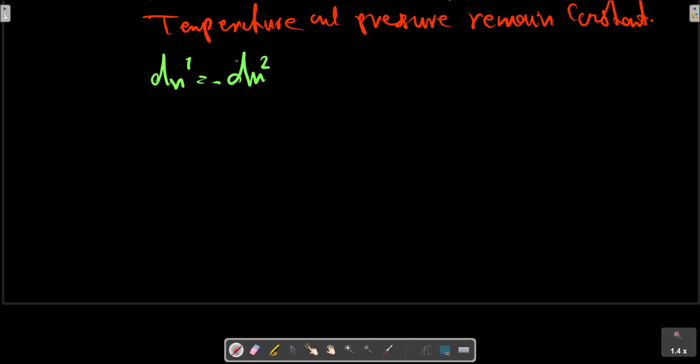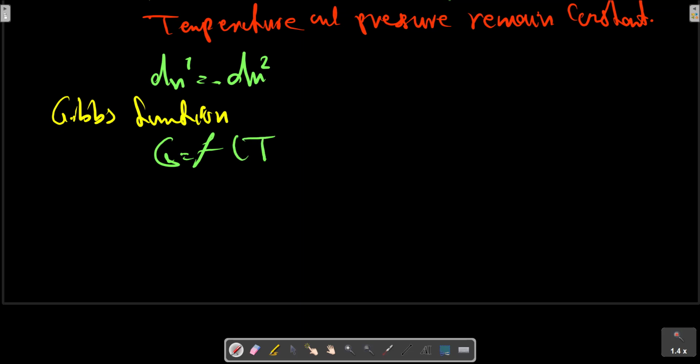The Gibbs function of this control mass is a function of T, P, n1, n2, where n1 and n2 designate the number of moles in each phase.